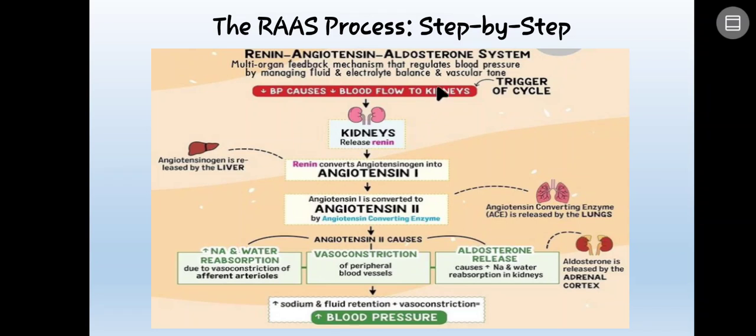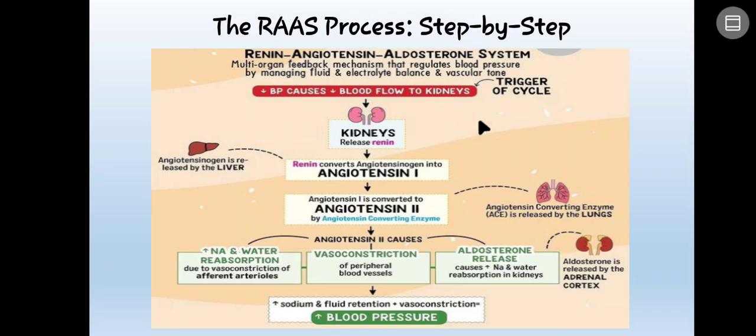The first one is the baroreceptors in the afferent arterioles. These baroreceptors have the ability to sense or detect a reduction in blood pressure. Once they detect it, they stimulate the juxtaglomerular cells to release renin.